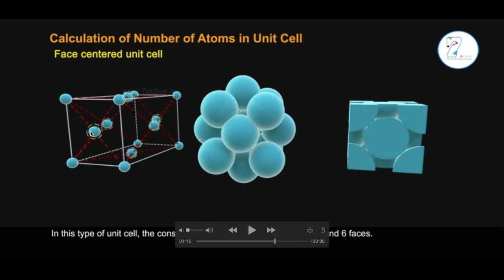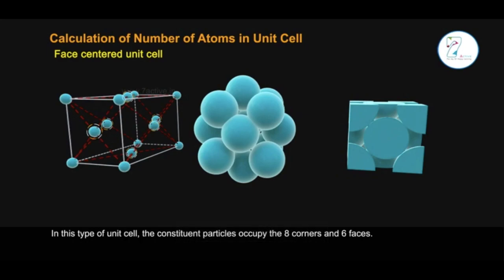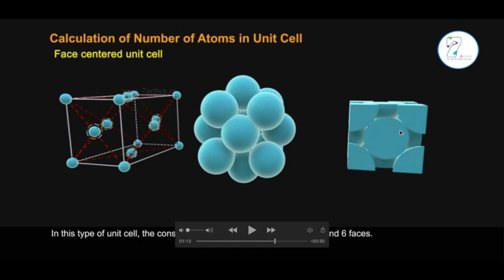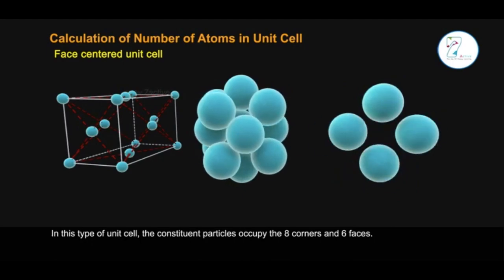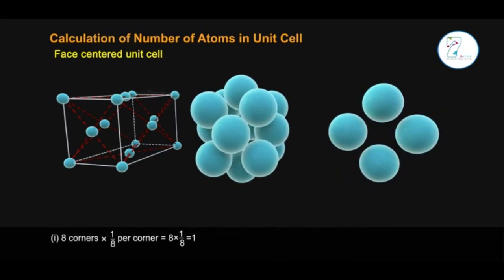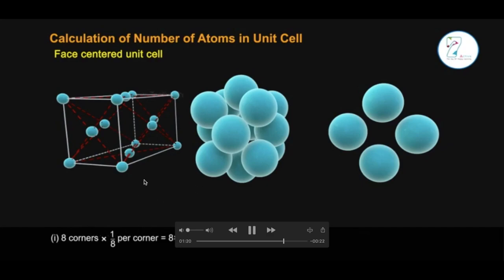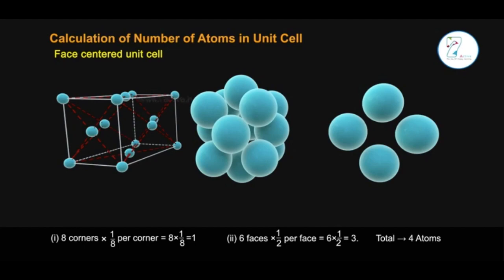Therefore, the contribution of the atom present at the center of the face will be 1 by 2. So, the contribution of atoms present at the corners will be 1 and the contribution of atoms present at the faces will be 6 multiplied by 1 by 2 per face, that is equal to 3. Total number of atoms is 4 atoms.